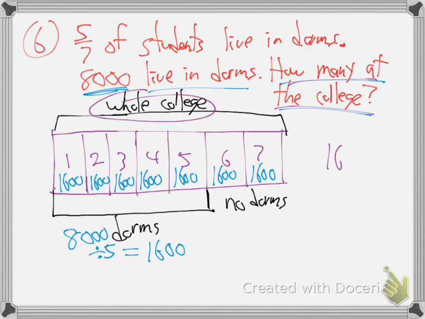So that's just 1,600 times 7, isn't it? Did you use your calculator? Because every one of these boxes holds 1,600 students, doesn't it? Times 7 boxes total. I don't know what that is, 70, 42, 11,200, right? 11,200 students at the college.